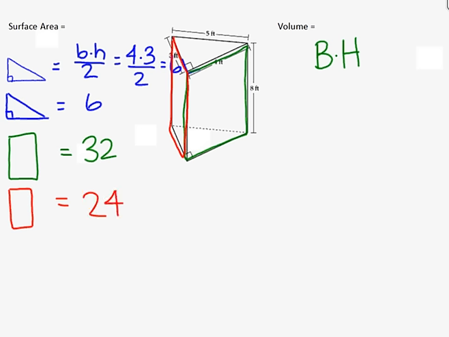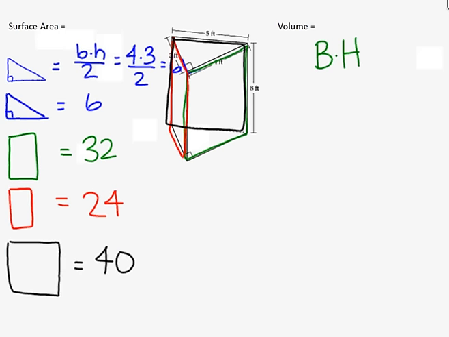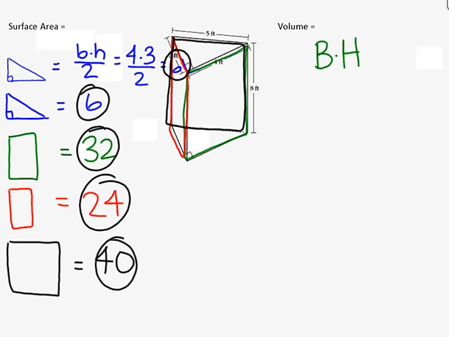And then lastly, we've got this rectangle in the back, which was 5 by 8, a little bit wider than the others. And that's going to give us an area of 40. So now I have my 5 different areas, 6, 6, 32, 24, and 40. So when you add all of those numbers together, you're going to get a surface area of 108 feet squared.